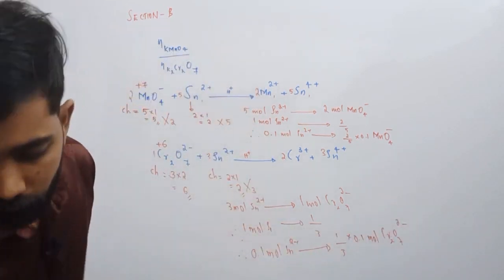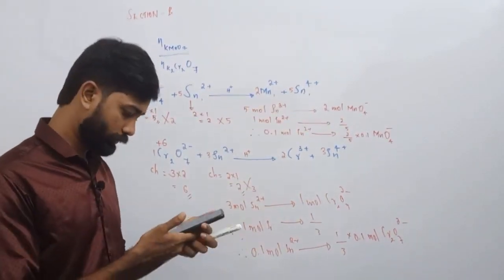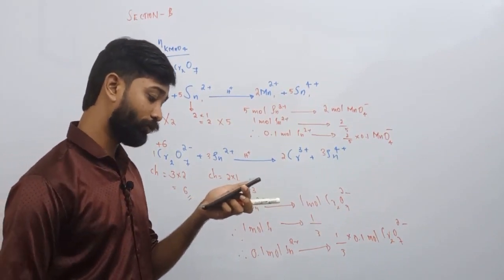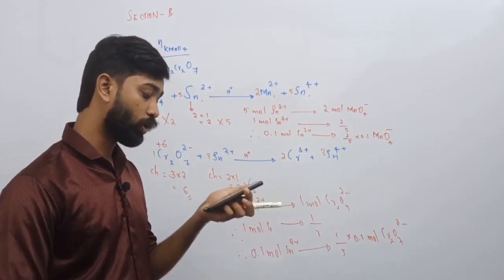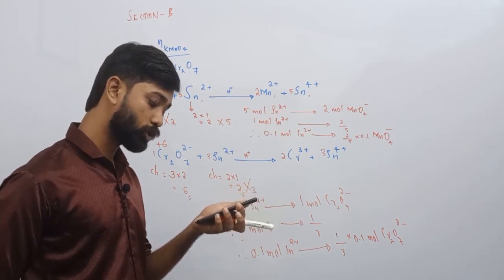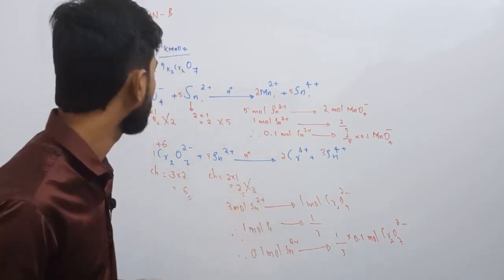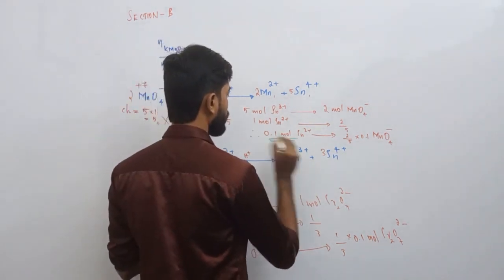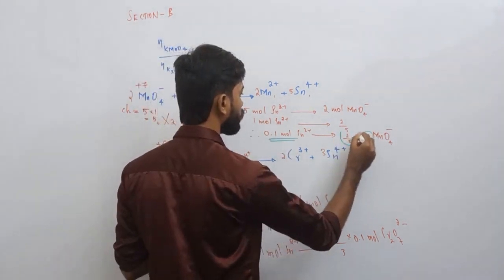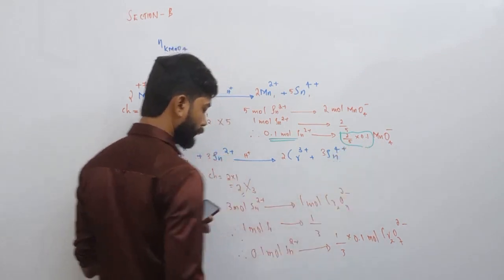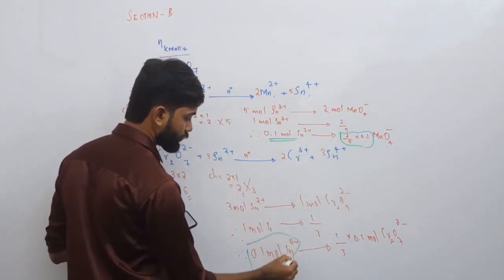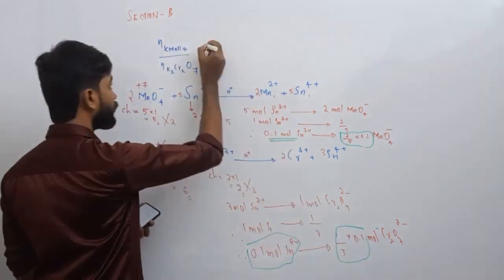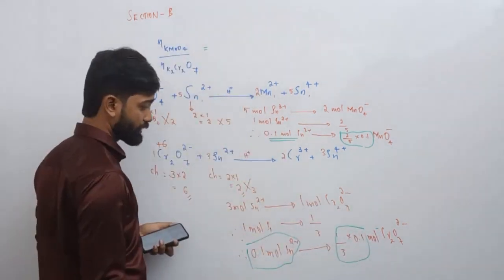Let me check my question. The ratio of number of moles of KMnO4 and K2Cr2O7 required to oxidize 0.1 mole Sn2+ to Sn4+ in acidic medium. The moles of MnO4- required is this one, and the moles of K2Cr2O7 required is this one. So you simply take the ratio and choose the answer.